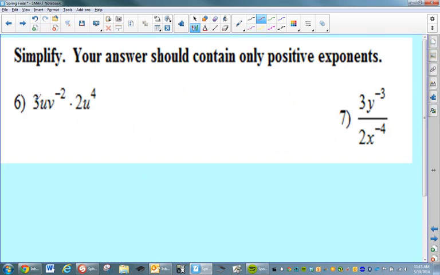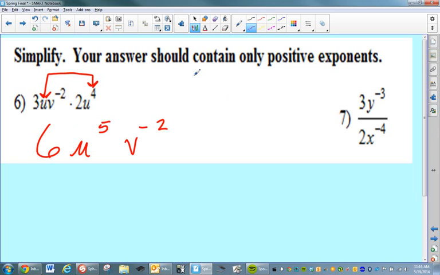So, when I see question number 6, I see a 3 and a 2. The first thing I'm going to write down is 6, so 3 times 2. Then I see I have a u to the first and a u to the fourth. So when I'm multiplying like bases, what do I do with the exponents? I add them, so u to the fifth times b to the negative 2.